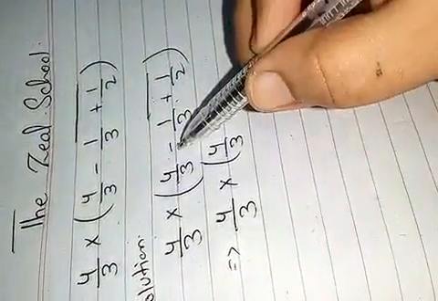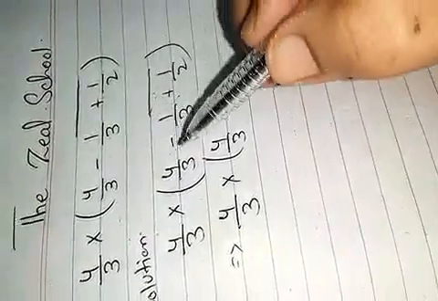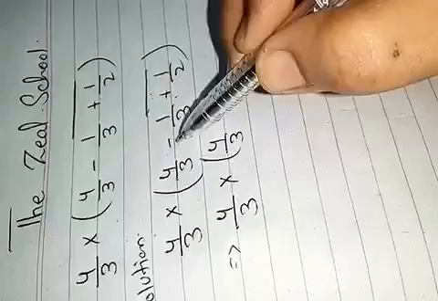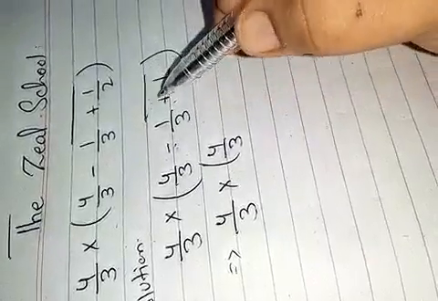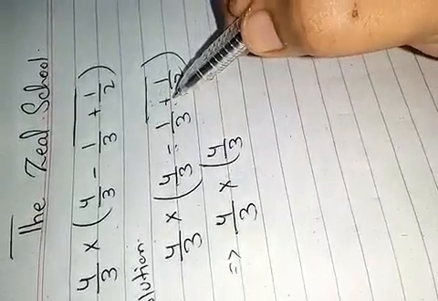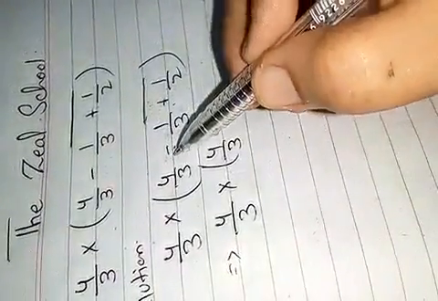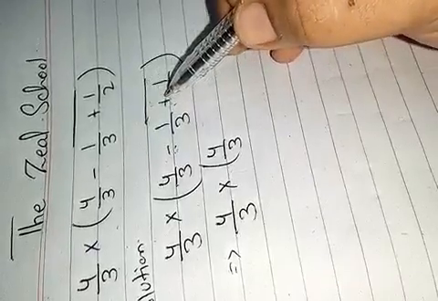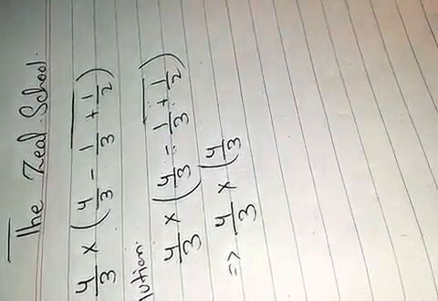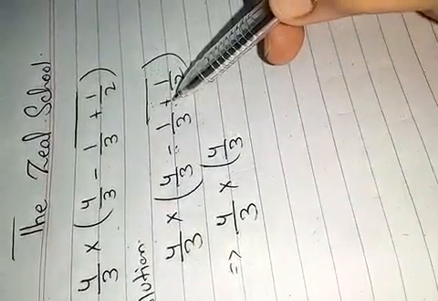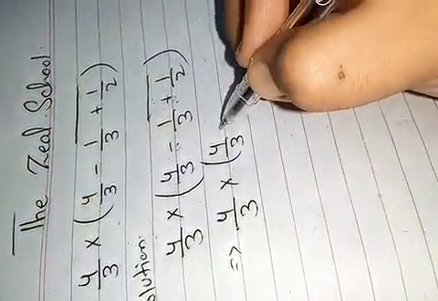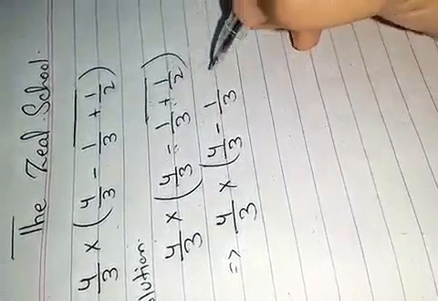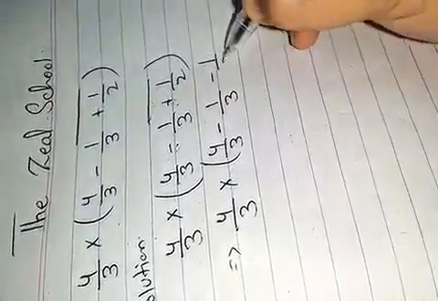If we have minus before the bracket, the signs inside the bracket will be changed, and if we have plus, the signs remain the same. Here we have minus, which means the signs of the values under the bracket will be changed. So we write minus 1 upon 3, and plus will be changed into minus 1 upon 2.